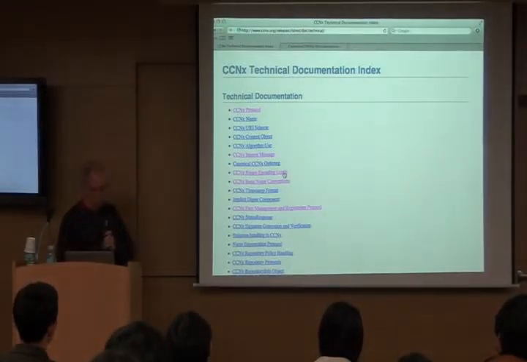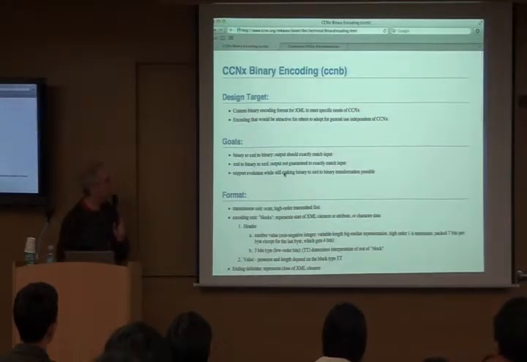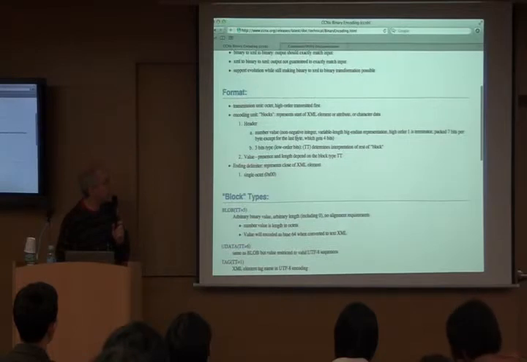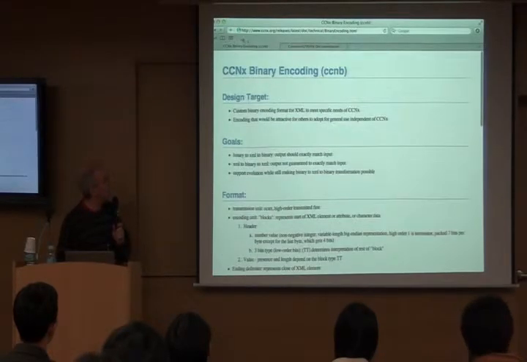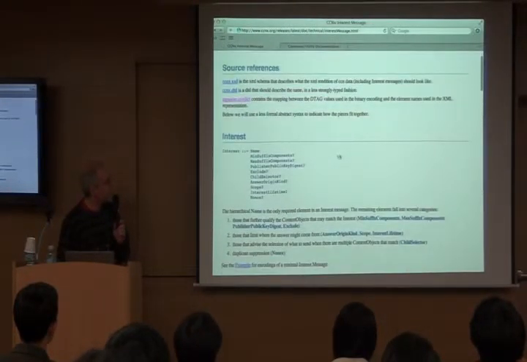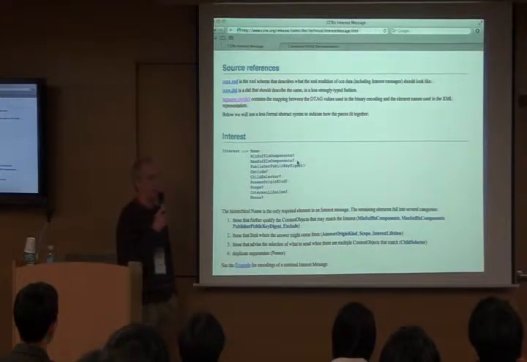So if you go to any one of these, and I'll just pick that one as an example, actually this one is a little bit skeletal. Go back and look at interest message. You'll find things that tell you, okay, what are the fields that an interest can have, many of which are optional, indicated by those question marks.